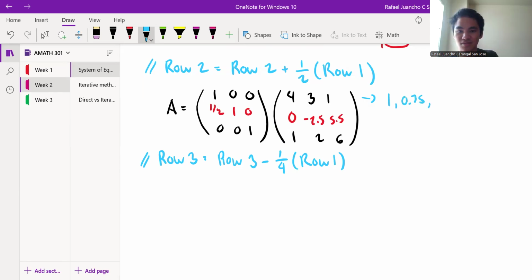And then this is 1/4, so 0.25. And then my row 3 minus this, right? So 1 minus 1, this becomes a 0. That's good. 2 minus 0.75, this becomes 1.25. And then 6 minus 0.25, this becomes 5.75.